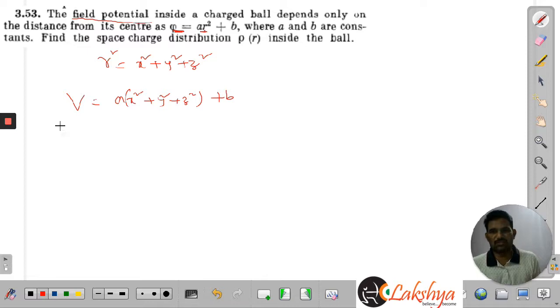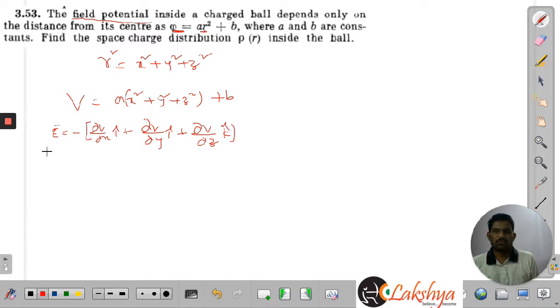So from this I am going to calculate the field, and that field I can write as E bar is equal to minus of dou V by dou x i cap plus dou V by dou y j cap plus dou V by dou z k cap. So then just simplify this differentiation here.